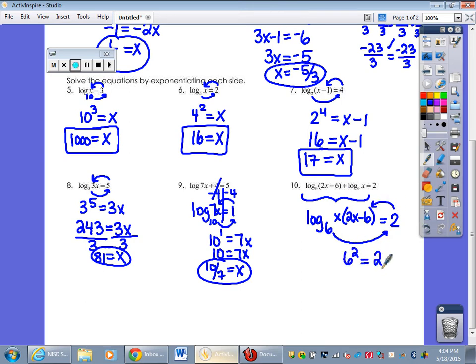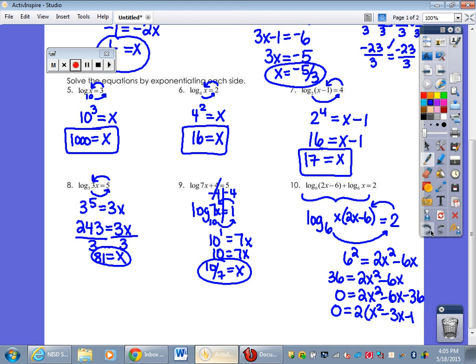equals 2x squared minus 6x. So this is going to be 36 equals 2x squared minus 6x. We're going to move the 36 over so that we can factor it. And I am going to take out a 2 so that this becomes easier to factor.